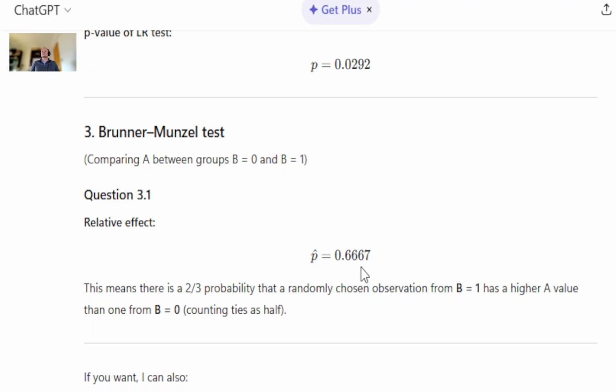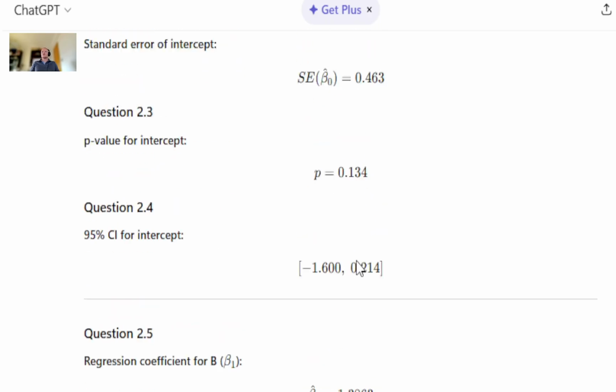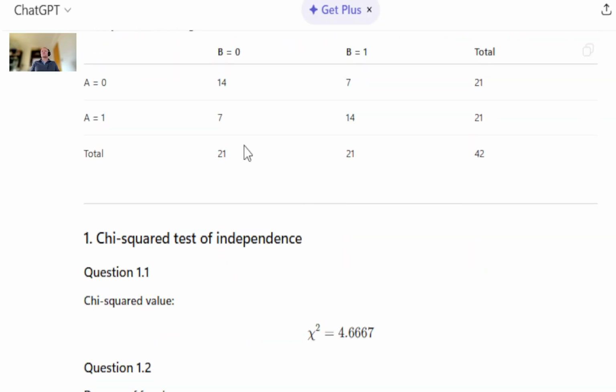And in fact, in this kind of special case, where we have as many zeros in a equals 0 as we have ones in a equals 1, and we have as many b equal 1s for a 0 as we have b equals 0 for a is 1, so this is symmetric.